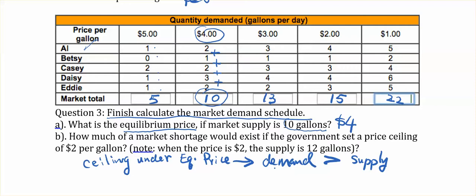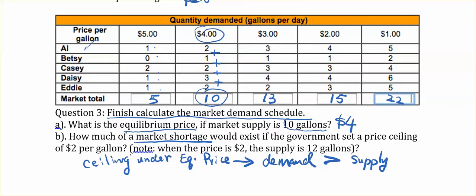But for the consumer, if the price is low, you definitely want to buy more. That's why a price ceiling under the equilibrium price will cause a gap. The gap is demand larger than supply. When demand is larger than supply, we have a market shortage. So you need to remember the relationship between the price ceiling and the shortage and the surplus.